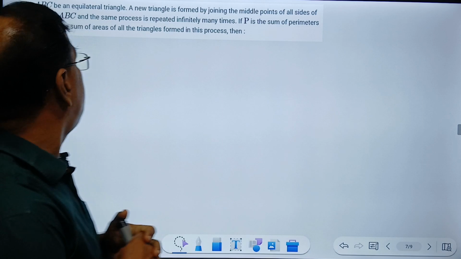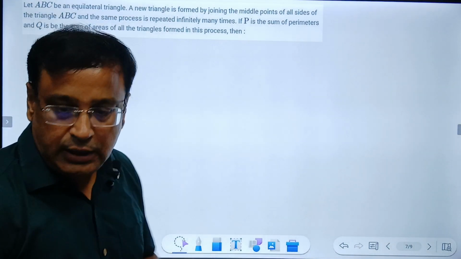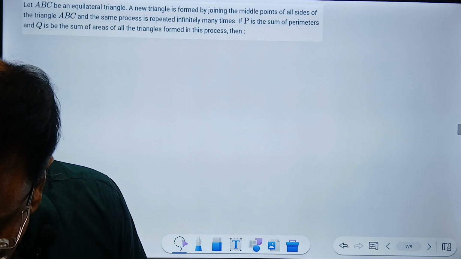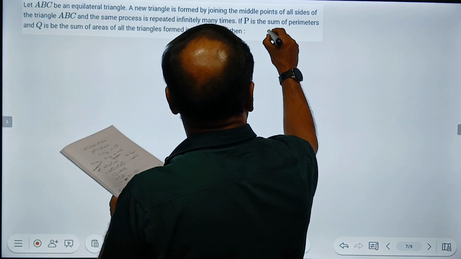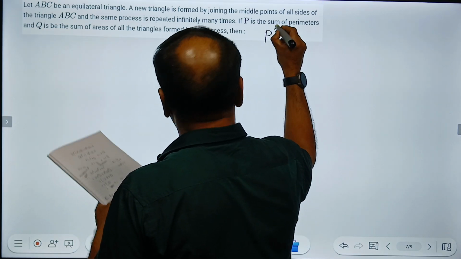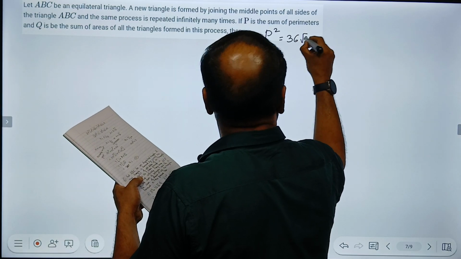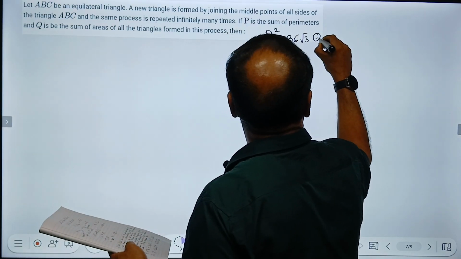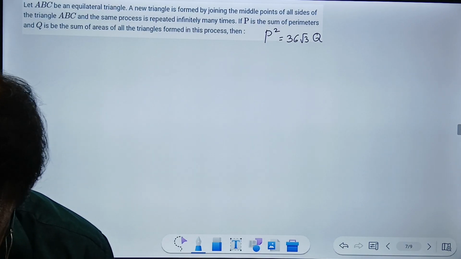If P is the sum of the perimeters and Q is the sum of the areas of all the triangles, then he wants me to verify that P square equals 36 root 3 into Q.